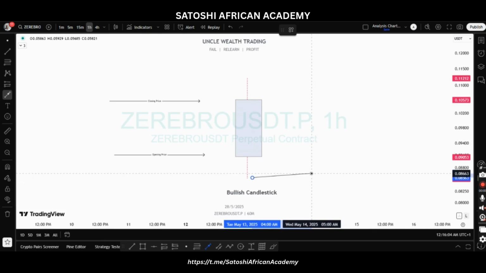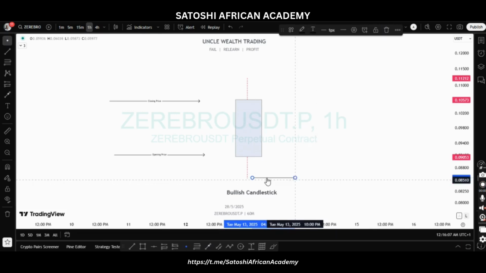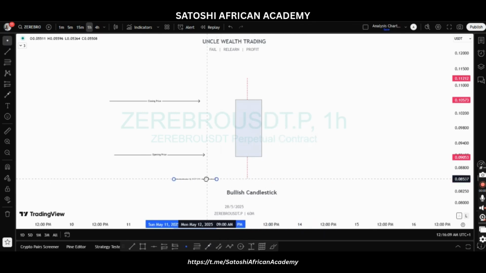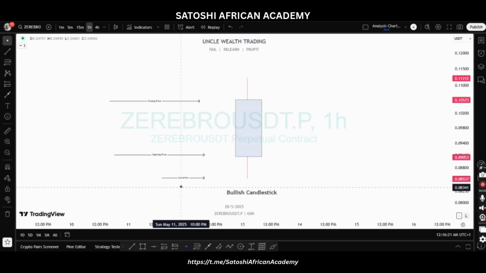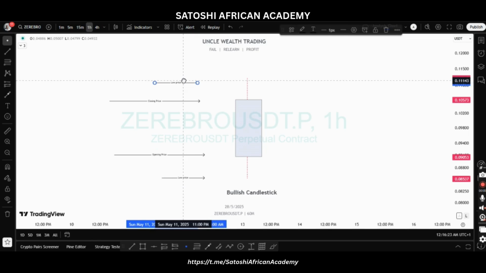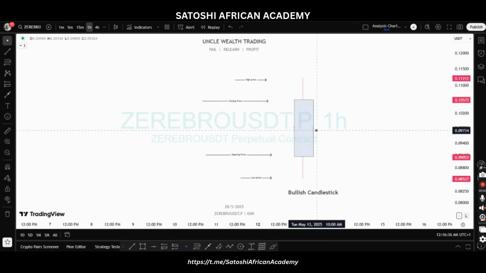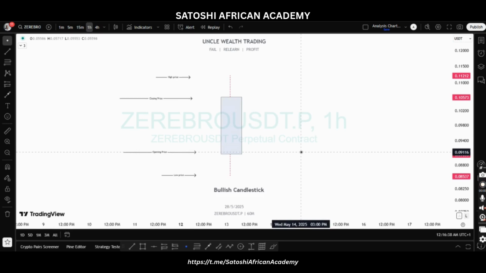This level tells us that this is the low price of the candles, and this level up here, the tip at the top, tells us that this is the high price during that particular period.